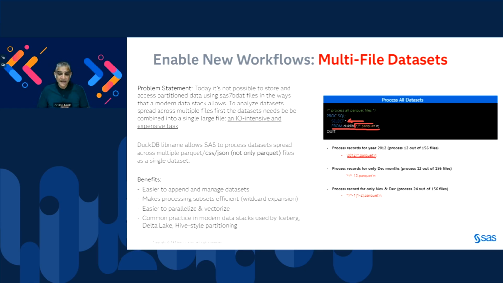Let's say I want to perform my analysis only on the last month of every year. With this globbing pattern, star/12.parquet, I can again eliminate scanning 92% of the data set and just operate on the 12 files that I'm interested in.